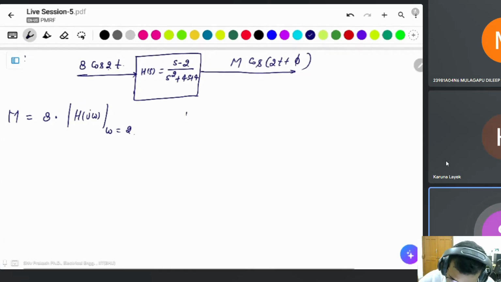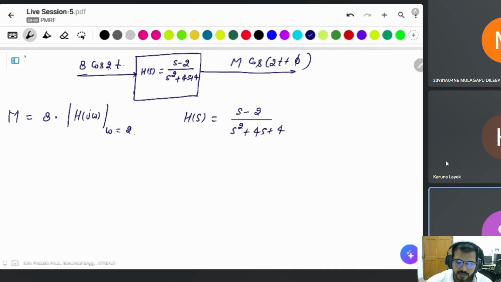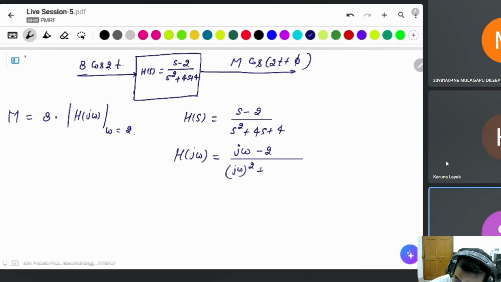H(s) is given as (s minus 2) divided by (s square plus 4s plus 4). Put j omega in place of s, then this will be (j omega minus 2) divided by ((j omega) square plus 4 j omega plus 4).